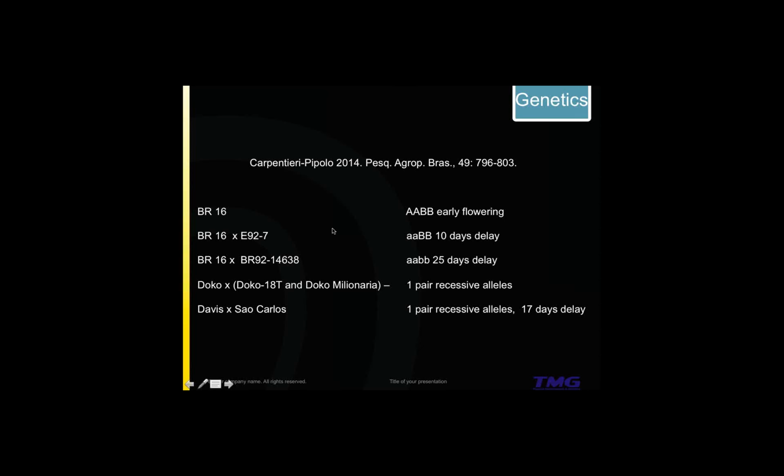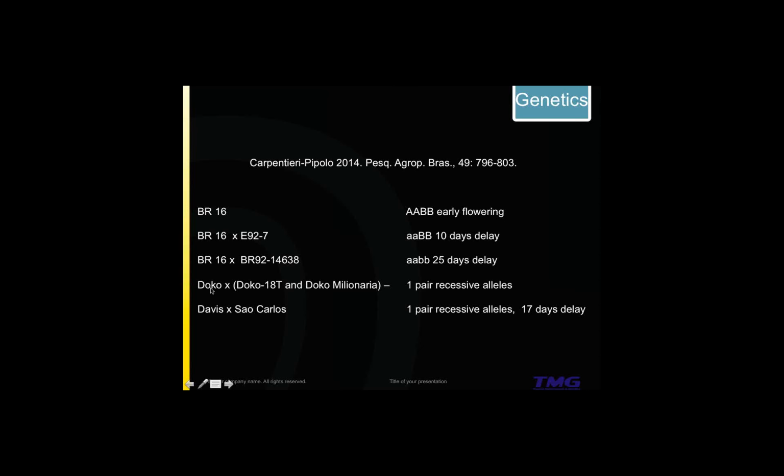And they were able to characterize and show that, for instance, the E92-7 has 1 recessive gene for long juvenile trait that adds 10 days to flowering, and the other line would have a second locus that would increase 25 days to flower on top of BR16.